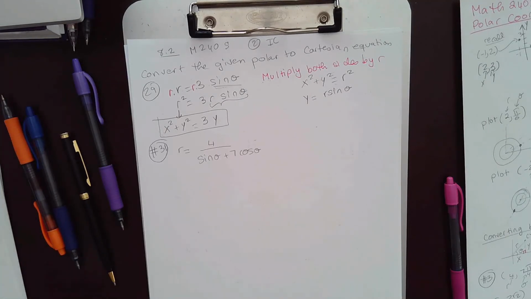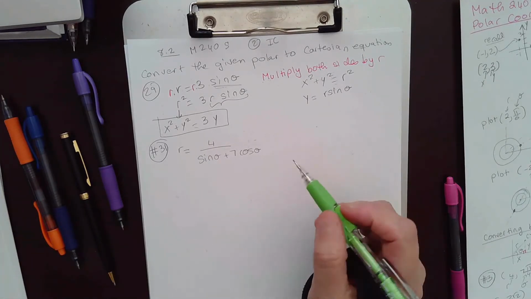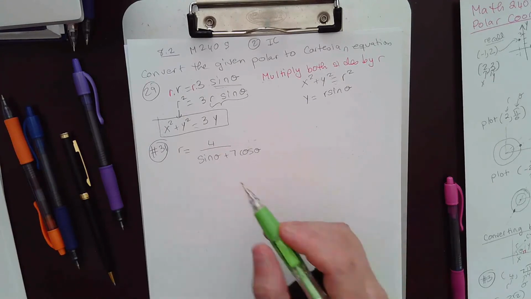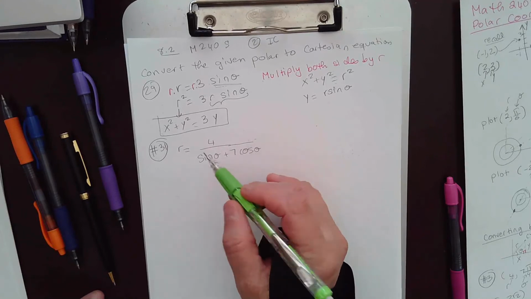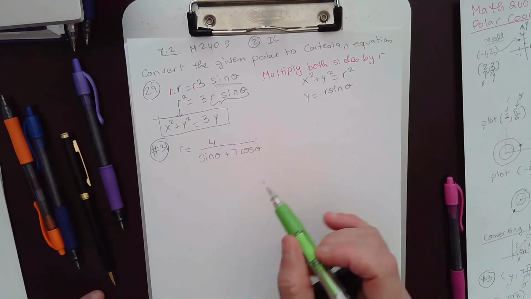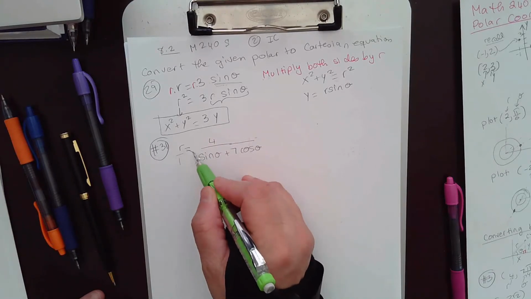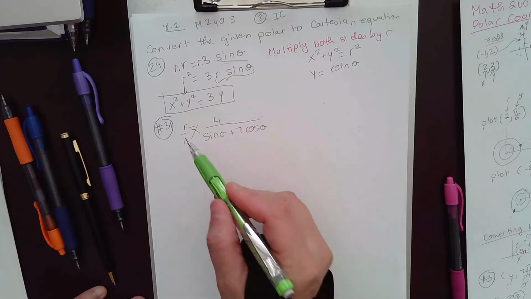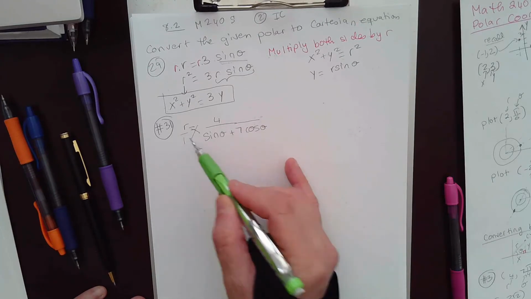So let's do this problem. Let's go ahead and convert the polar equation to a Cartesian equation. Well, first of all, we don't want this. We want to get rid of the denominator. So if you cross multiply, what is that going to give you? It's going to give you this times this equal to 4 times 1.